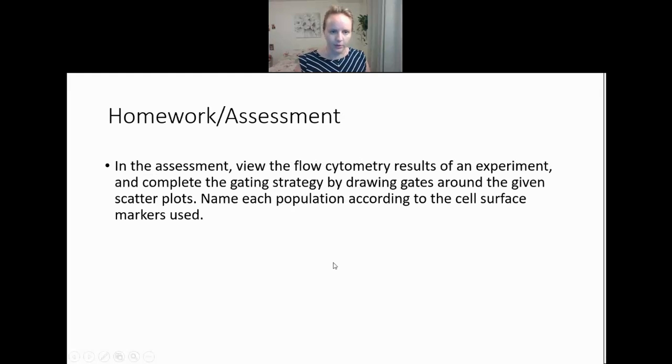As I alluded to, I have an assessment based around flow cytometry and cell surface marker expression.